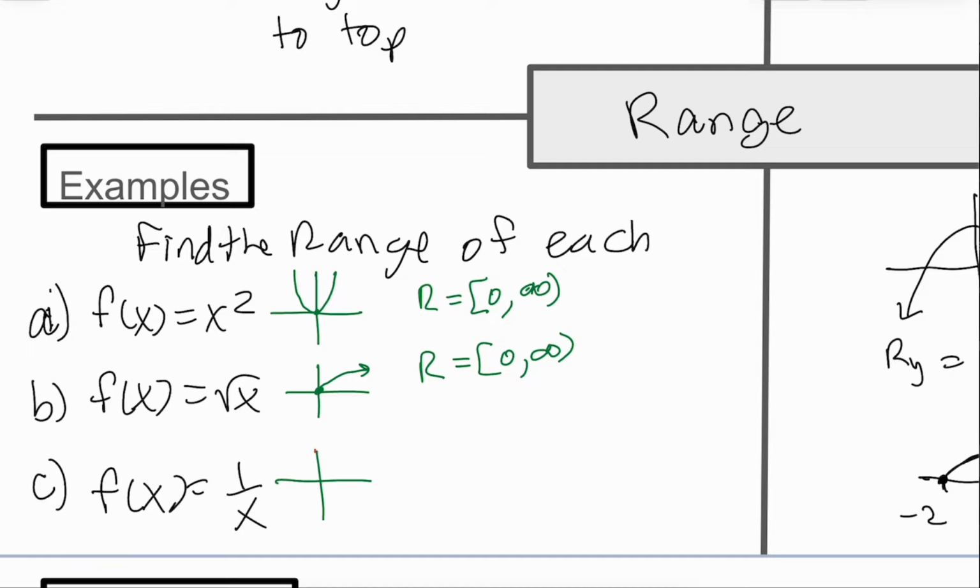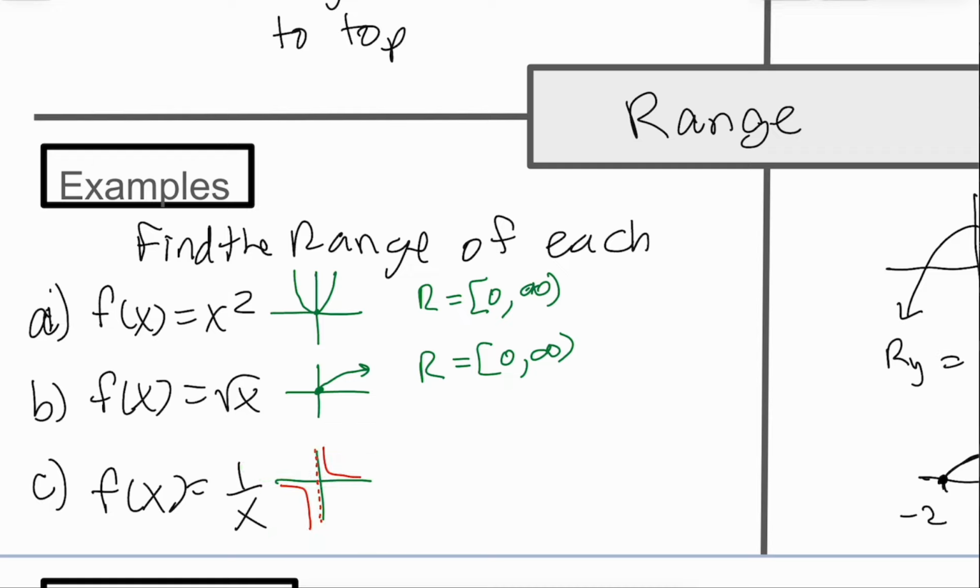In C, there's this little gap down the center along our vertical axis. And then there's a piece here and a piece here. The range are the y values. So I have all the y values from negative infinity to almost 0, and then from 0 to infinity. We actually skip over 0.